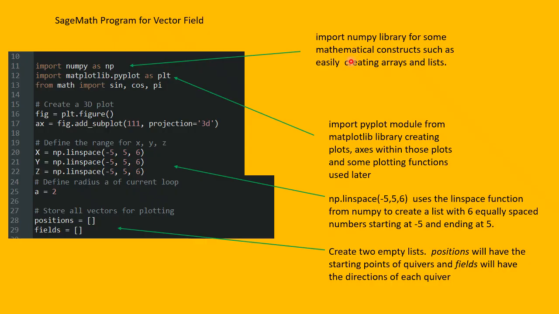We can use it for easily creating arrays and lists. And when we say as np, that means that later when we refer to that library numpy, we can use instead an abbreviation for it, np.